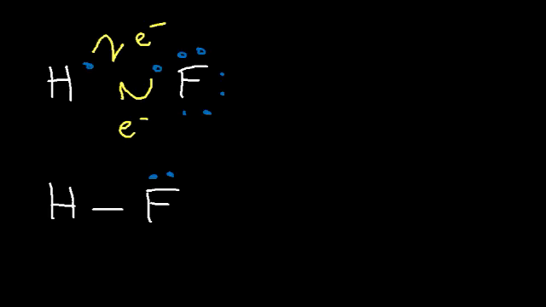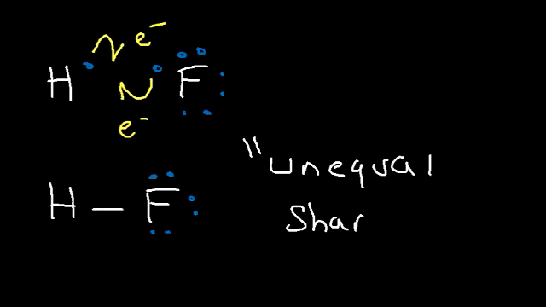This is the Lewis structure of hydrofluoric acid. The 2 electrons in this bond, one came from hydrogen and the other from fluorine, and so it's called a covalent bond. However, the electrons in that bond are not shared equally. Whenever you have an unequal sharing of electrons, you have a polar covalent bond.